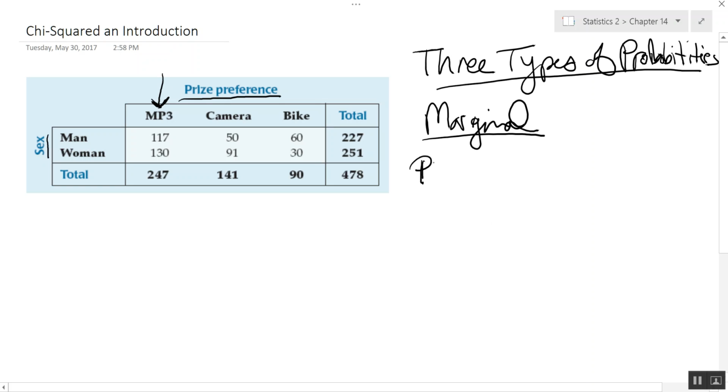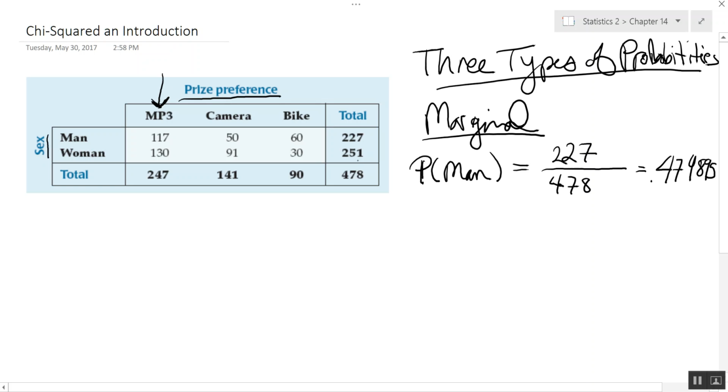Say you want to know the probability that the person you were looking at happened to be a man. Aha. So you look at this and you're like, oh, how many people are male in this, or men? And then you're 227 out of 478, which is about 0.474895. Anyway, that's what a marginal looks like because it's only using margin values.